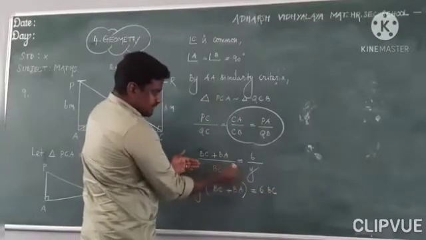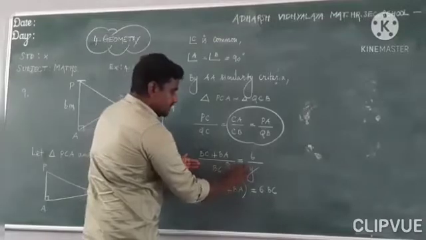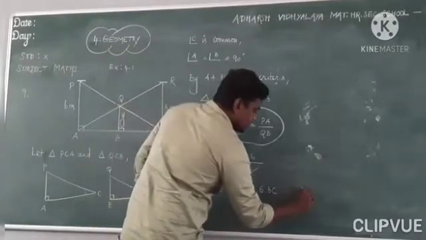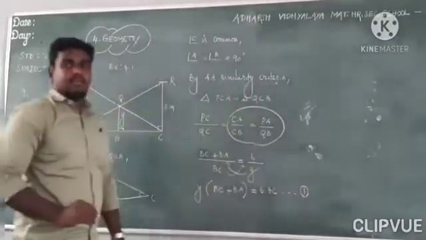How did we do this? Cross multiplication. Consider this as equation number 1.